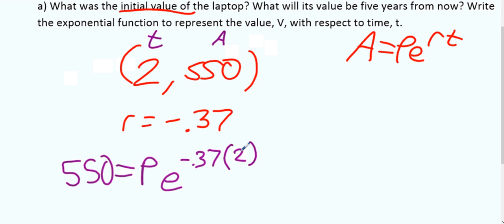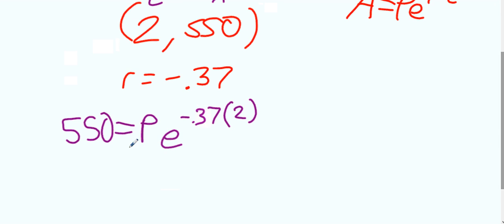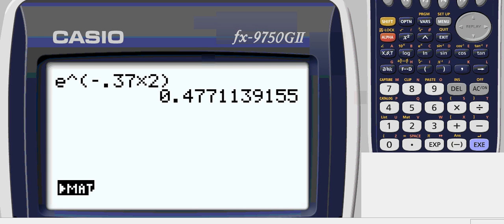Look back at our equation. That's this part of the equation. So to find out what P is, we divide by that number. 550 divided by that answer we just got.